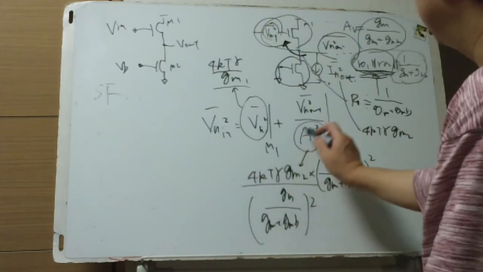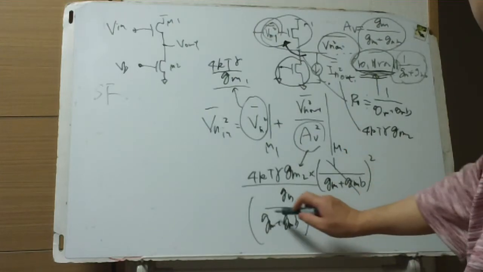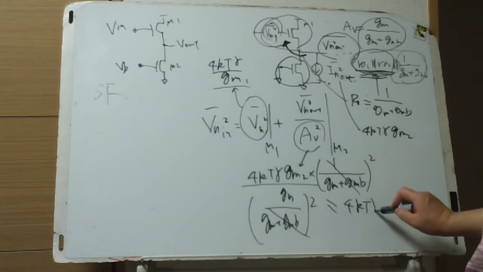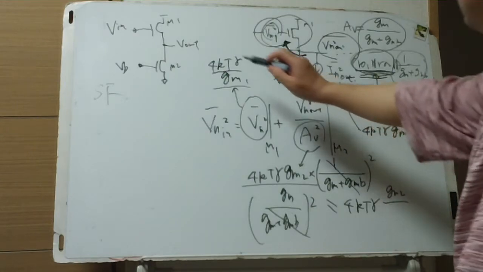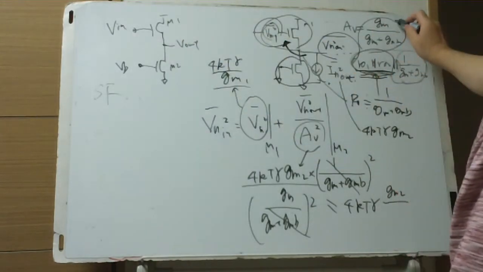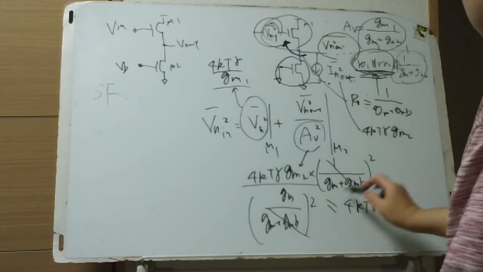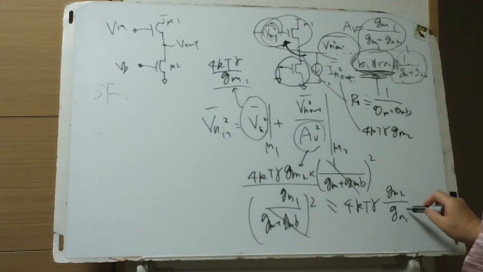And this part for M2 cancels, and this is 4kT gamma gm2 divided by gm1 squared.